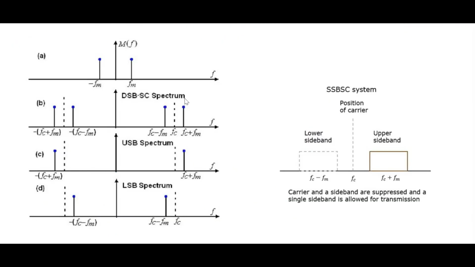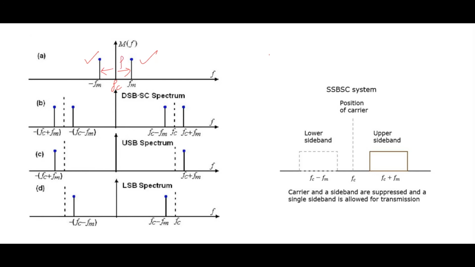The idea of eliminating one sideband is based on the fact that the upper sideband and lower sideband are uniquely related to each other, as they are symmetric with respect to fc. This is exactly the same on the other side.